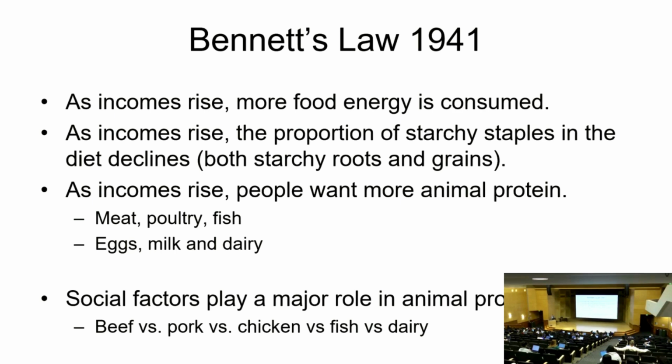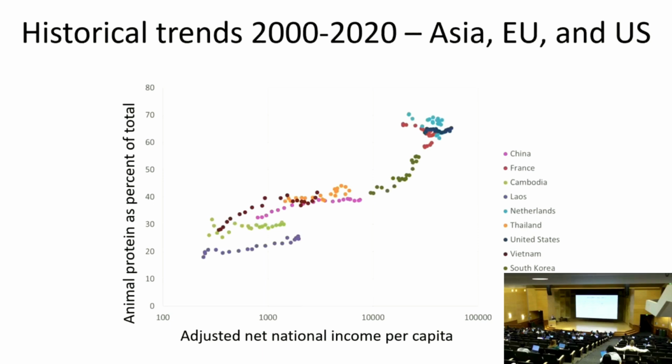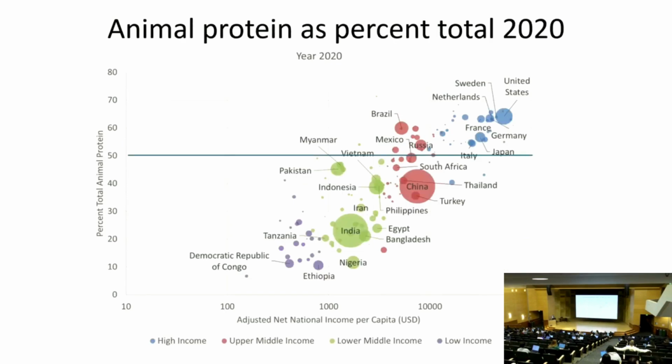This is not just incomes, because social factors also play a role in food choice, and that has to do with religion and culture and tradition and geographic region. So these were the data I was showing for countries in Southeast Asia. Notice Korea, where increasing incomes were associated with a gigantic increase in animal protein. And the point we were coming to for the reflection was this.